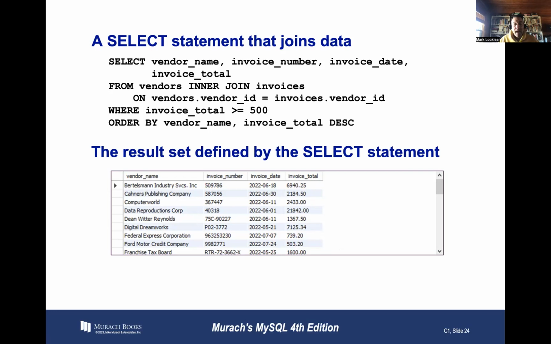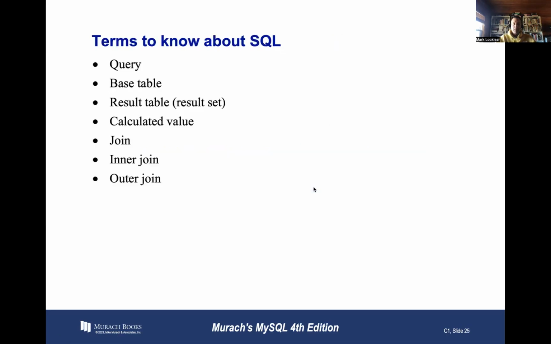Then notice we're ordering by vendor name and then invoice total. This DESC is descending. Notice vendor name, but then they've also added invoice total in here too, so the descending order is going to be a combination of those two.